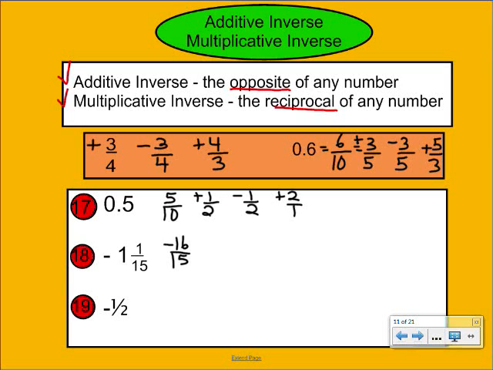So its additive inverse would be the opposite, which is a positive 16/15, and the multiplicative inverse would be the reciprocal, which is a negative 15/16. Finally, in number 19, we know that negative 1/2 is still a negative 1/2 as a rational number. Its additive inverse, its opposite, would be a positive 1/2, and its multiplicative inverse, the reciprocal, would be a negative 2 over 1.